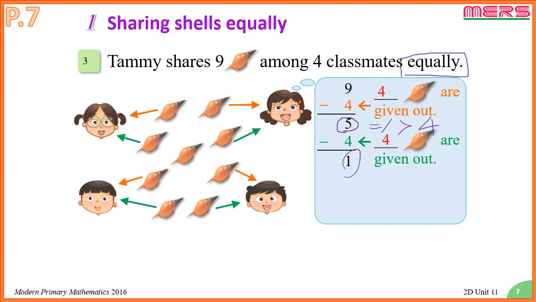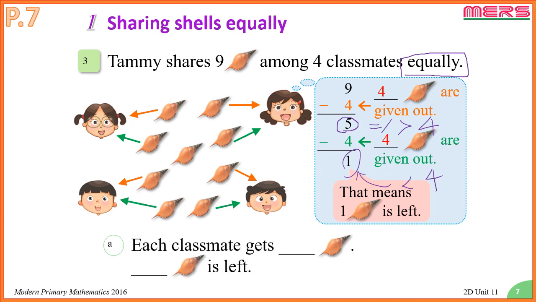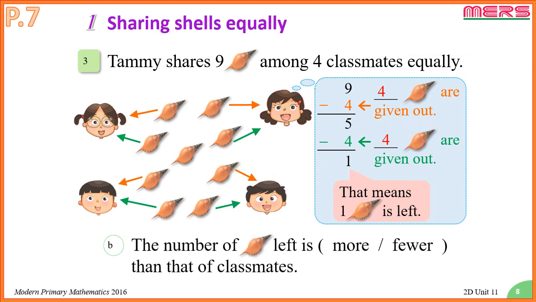This 1 is smaller than 4, which means you can't share it to everyone equally. So 1 shell is left this time. Each classmate gets 2 shells because you share it 2 times. So 1 shell is left.